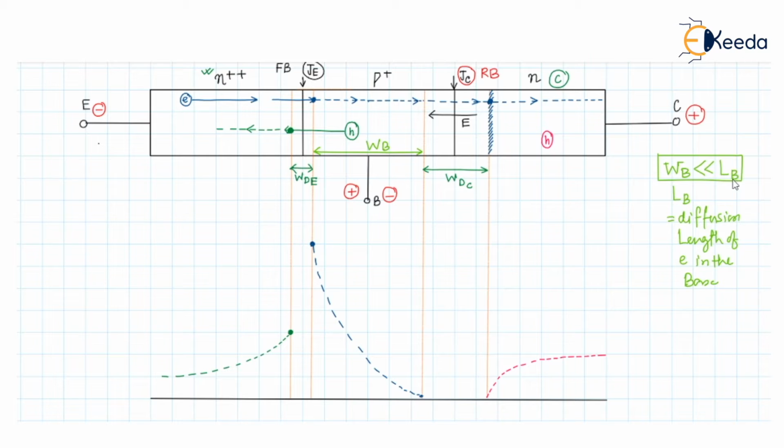So these are the minority carrier distribution profiles inside the emitter, base, and collector.